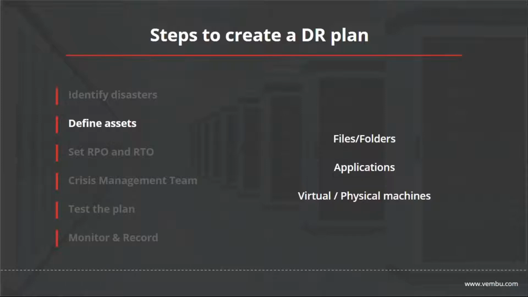Initially you have to check on the assets that are very important immediately, to have better business continuity. Based on that, we have some important files and folders. It could even be the applications that you have taken a backup of, which you can restore as a part of your disaster recovery plan. And you can also restore your virtual machines or physical machines. So this is what defining the assets means.